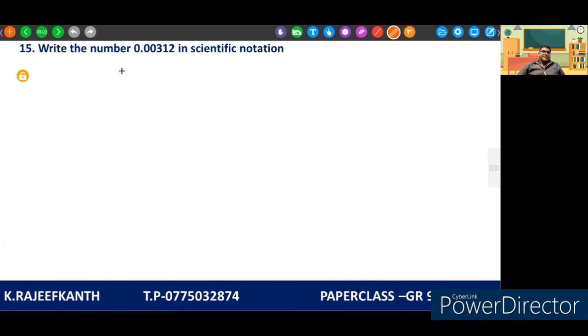So here we can write this number as 3.12 times 10 to the power minus 3. Here we are moving this decimal point by 3 digits. That is why here we are writing the index as 3. Here the value is less than 1. So we have to write a negative index.